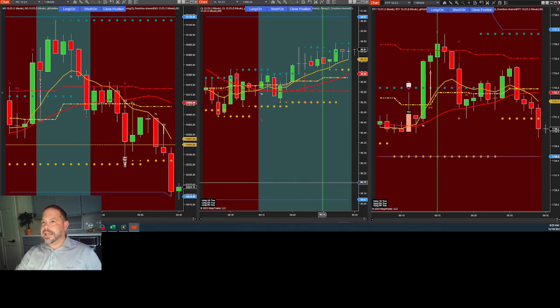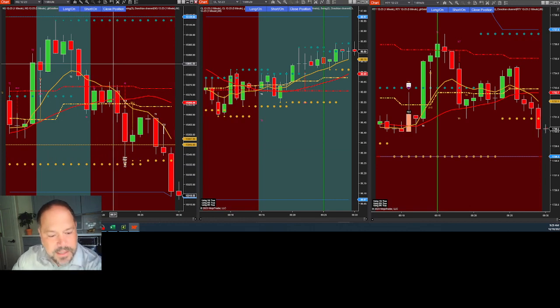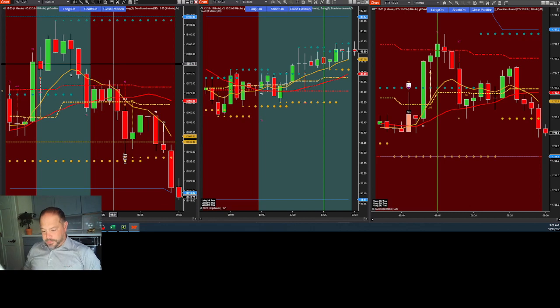So the green line is when the system is now looking for trades. And like I said, the NQ, he's got it starting much later. Let's see, I've got these all printed out.